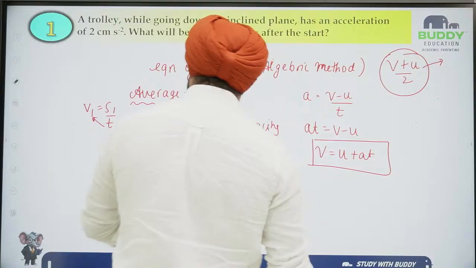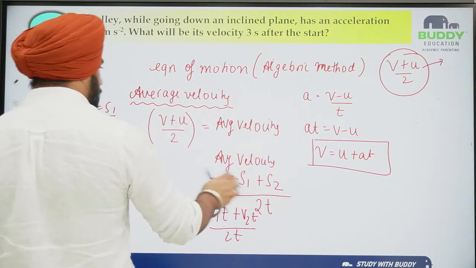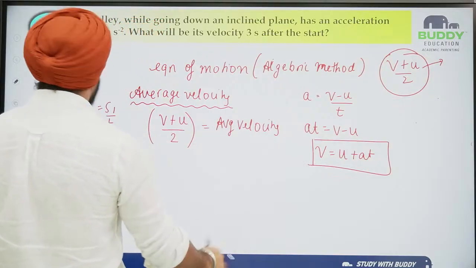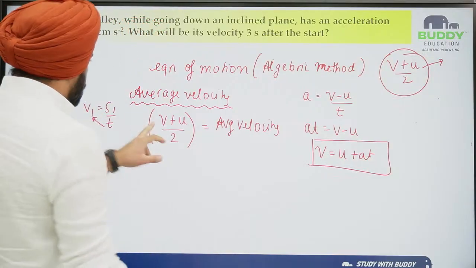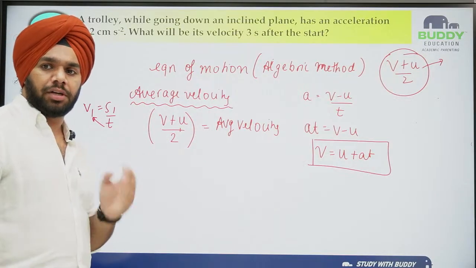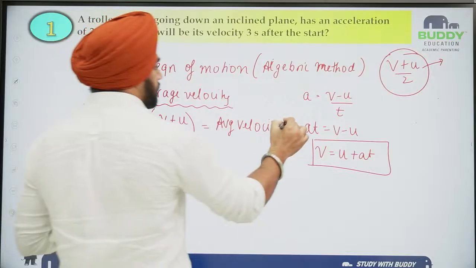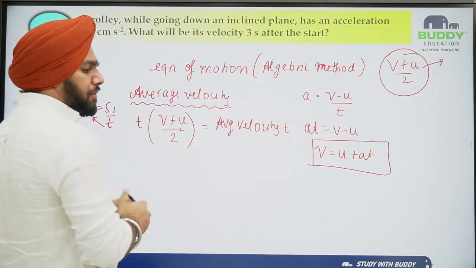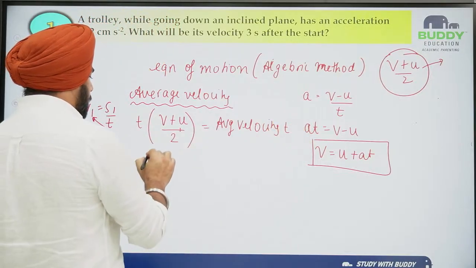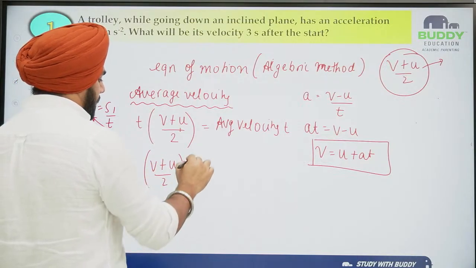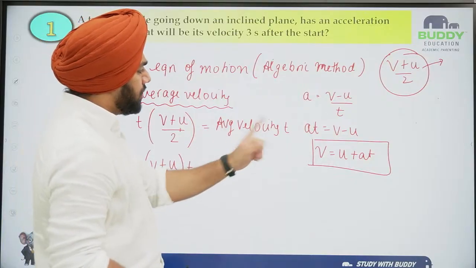This is where I'll start again. V plus U by 2 is equal to average velocity. Now simply multiply both sides with time. So when you multiply both sides with time, you get V plus U by 2 into time, and this is average velocity into time.